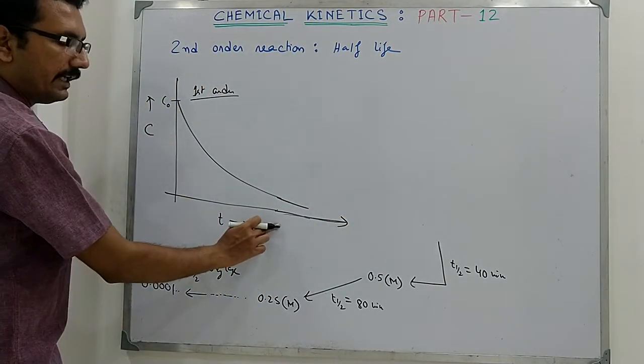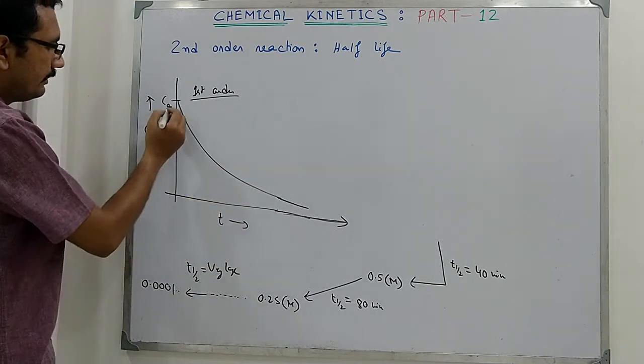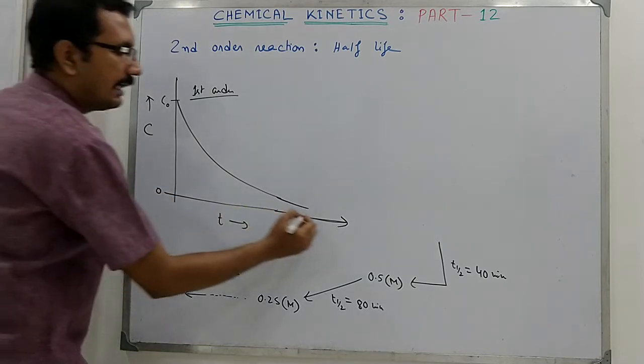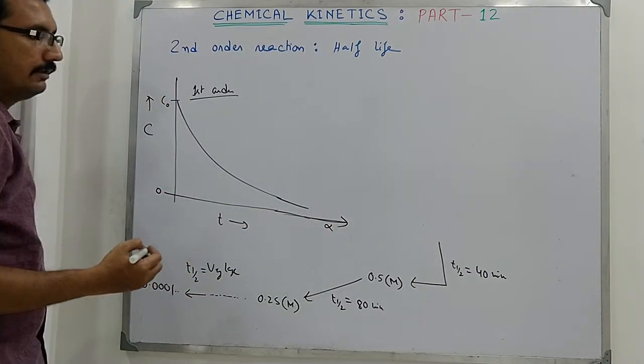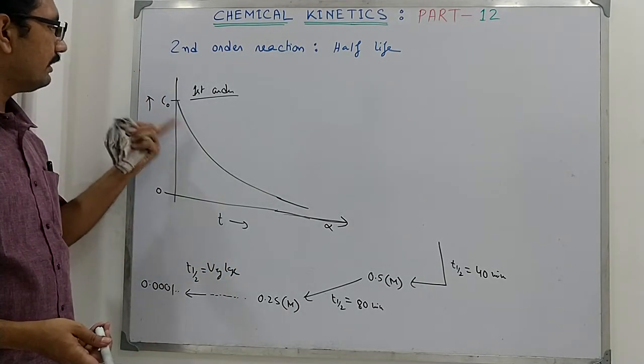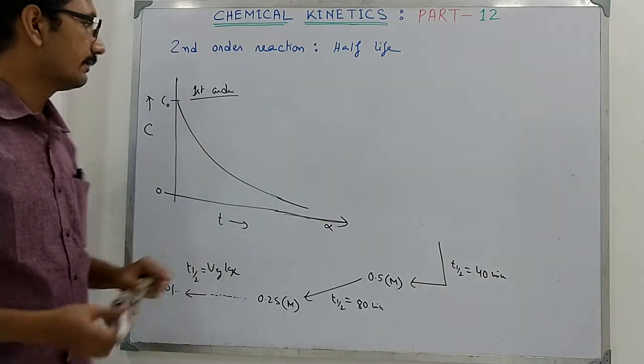That is, it will touch this axis at infinite time. What does it mean? That the concentration will be 0 when time is infinite. In other words, what does it imply? That this reaction will never come to an end.